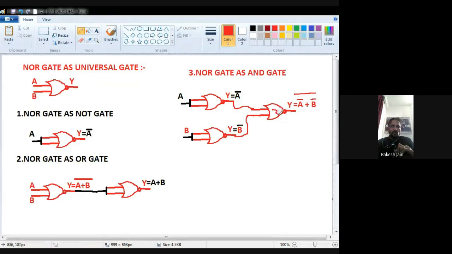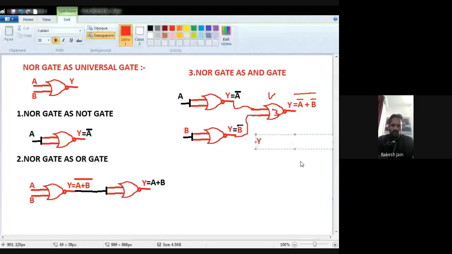So first just add them: A bar plus B bar, and then put a bar over it.